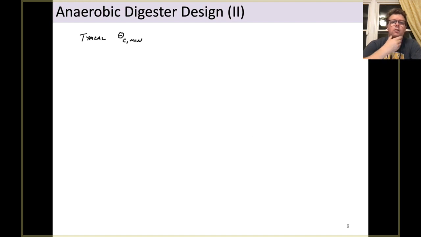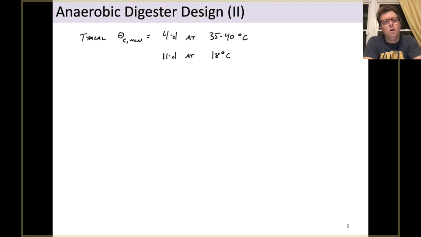Okay, now with theta C min, just to give you a sense of what a typical value might look like, minimum solids retention times may be as short as 4 days if you're keeping that at a warm temperature, so 35 to 40 degrees C. If you drop that approximately in half, you're up to about an 11-day minimum retention time.